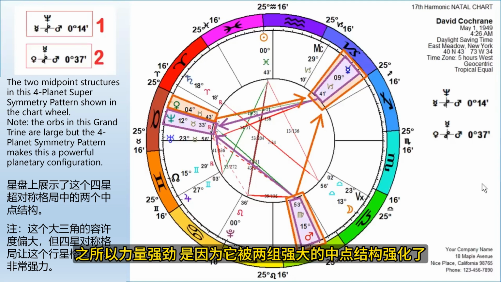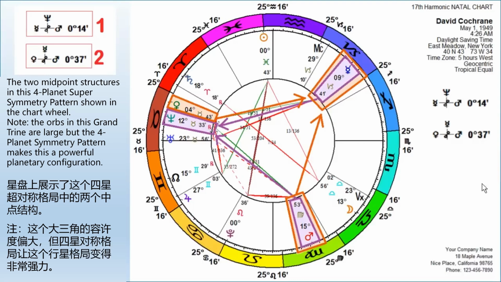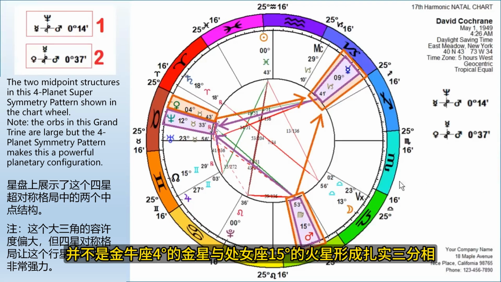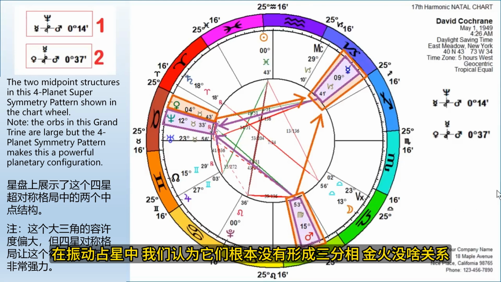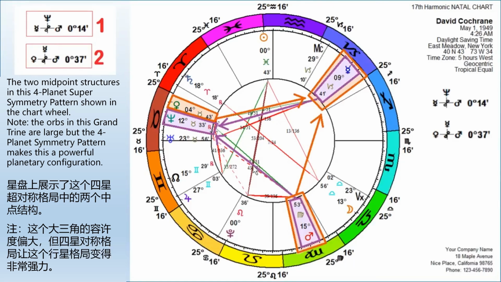The reason why this grand trine is so strong is because it's reinforced with 2 strong midpoint structures. It's not that Venus at 4 Taurus is making a solid trine to Mars at 15 Virgo. In VA, we would say they're not trine at all. There's nothing going on between Venus and Mars regarding trine.